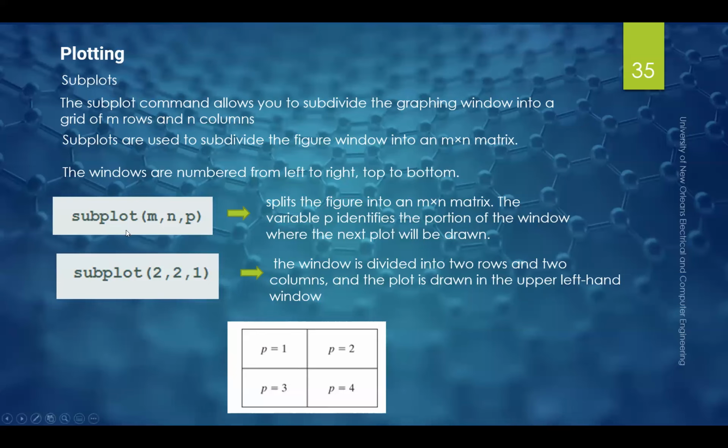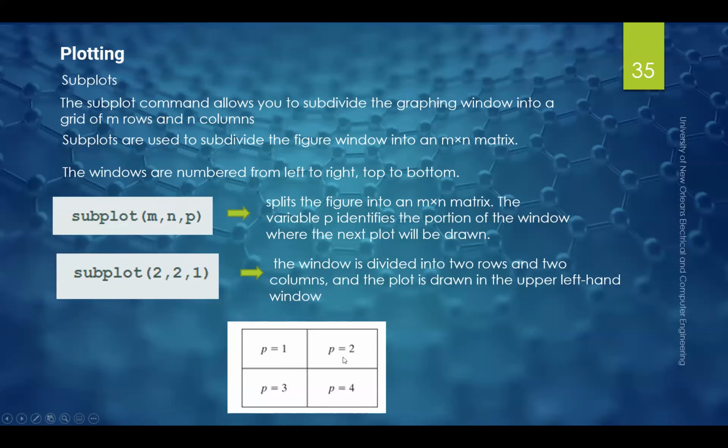The command that is used is the command subplot. Using this command, we'll split the figure into an m by n matrix. And the variable p here will identify the portion of the window where the next plot is going to be drawn. So for example, in this statement here, subplot 221, the window is divided into 2 rows and 2 columns. You can see this at the bottom here, right?